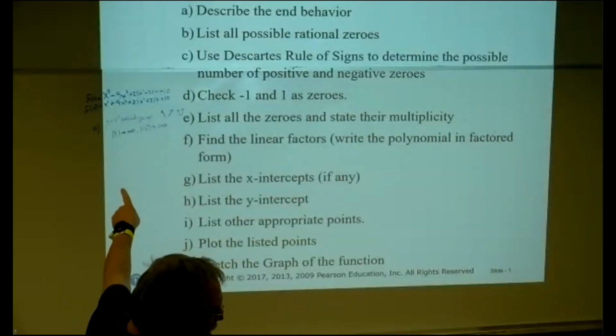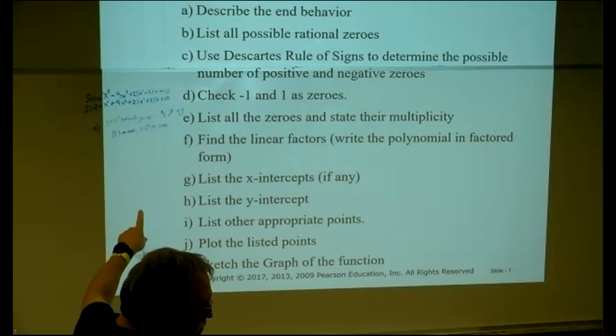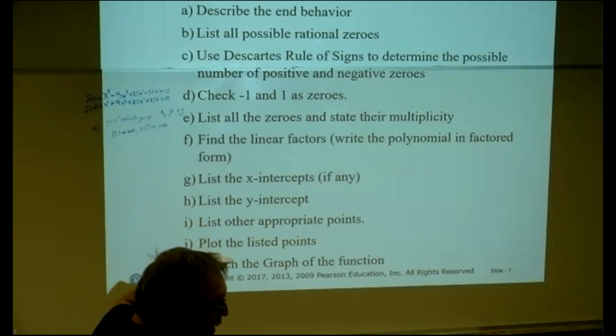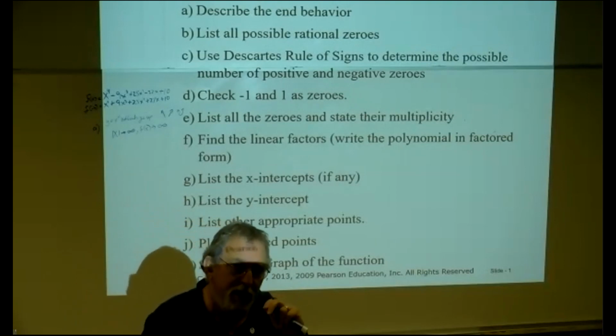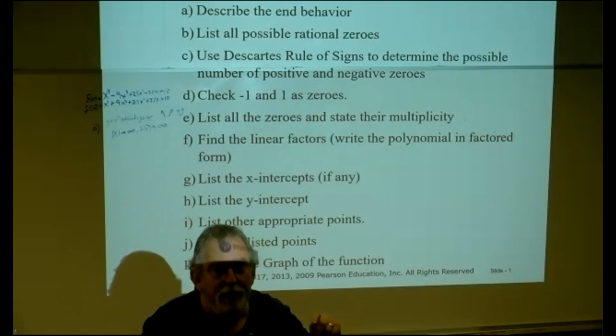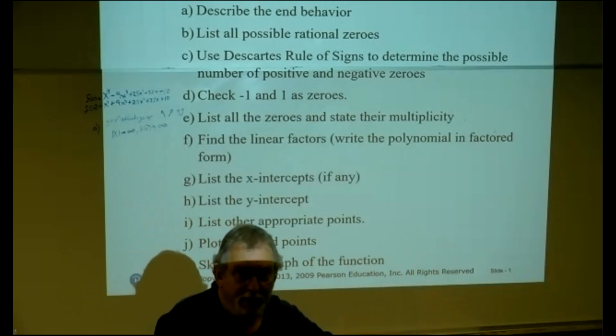The degree of the polynomial tells you how many zeros it could have. We have up to 4 real zeros. It does have 4 zeros, it's just that they're not all real, and the rest are going to be complex numbers. That's what we're going to get into after the test.